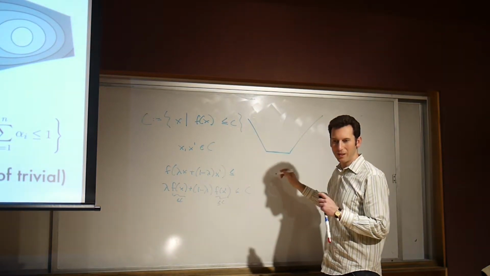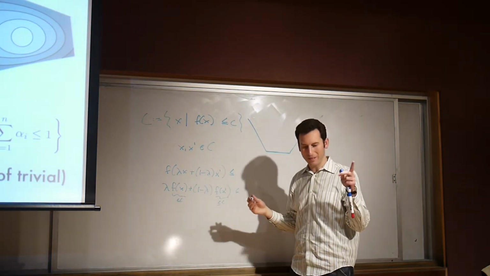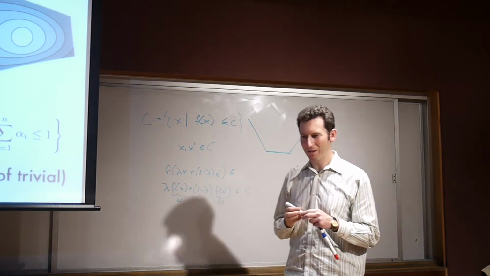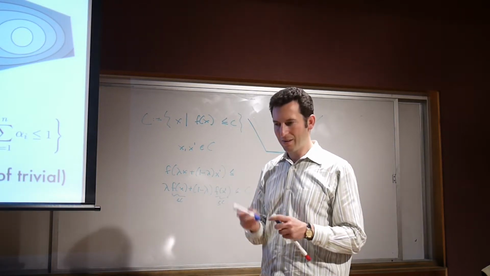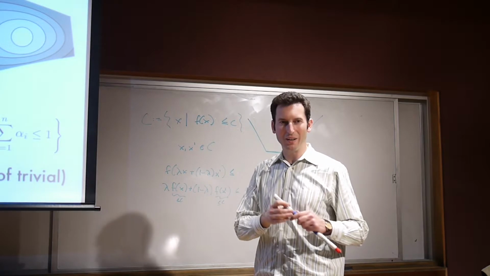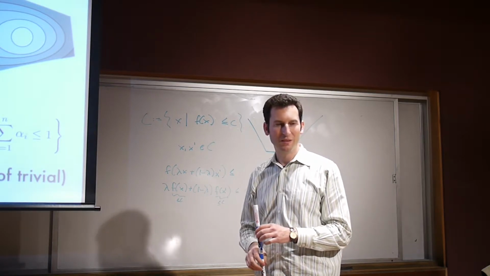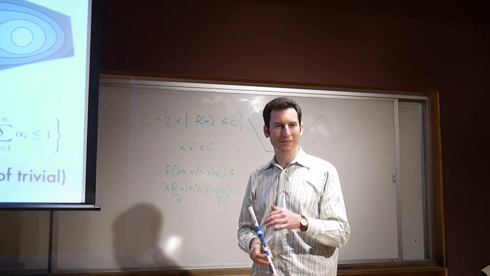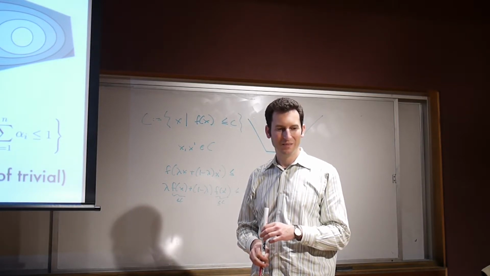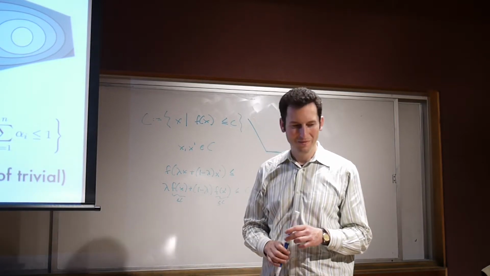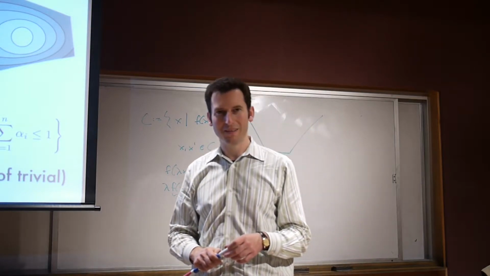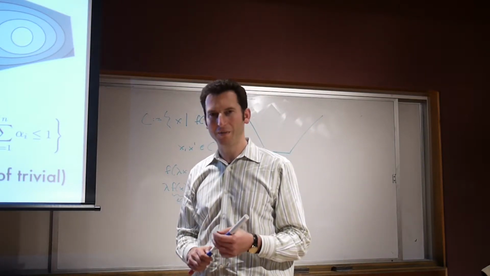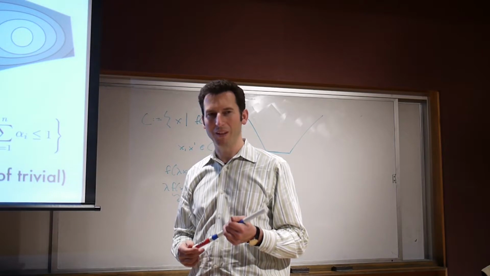So you need to be careful in distinguishing. By the way, thanks for bringing this up, because it's an important distinction. There's a difference between the minimum value and the minimizer. The minimizer need not be unique, but the minimum value is. Big difference. And in some cases, you just want a point that has the minimum value.